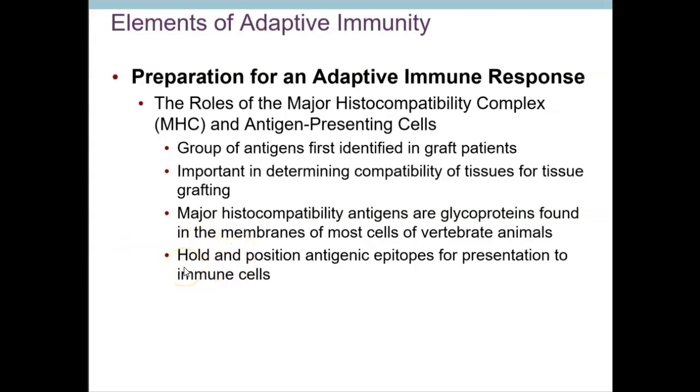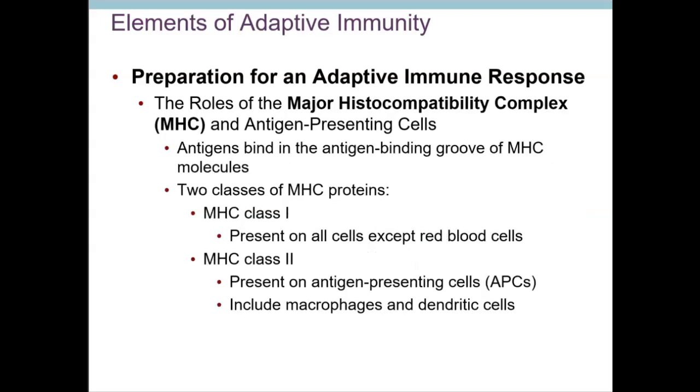What these proteins actually do is they have antigenic epitopes, and they present them to immune cells and say, this is what I have, or this is what I am making, or this is what I just did phagocytosis on. They display it and show it to the immune cells, the lymphocytes.